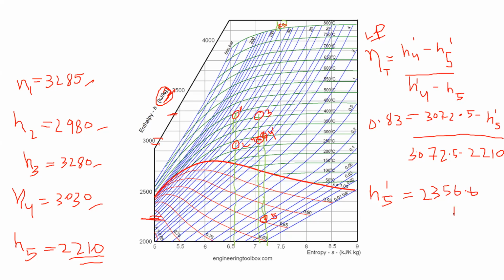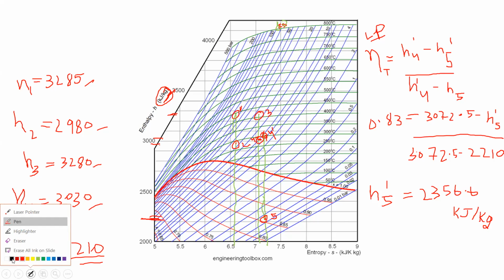What is the unit here? The unit for the enthalpy is taken as kilojoules per kg. I know the H1, H2, H3 as well as H4 and H4 dash and H5 dash.